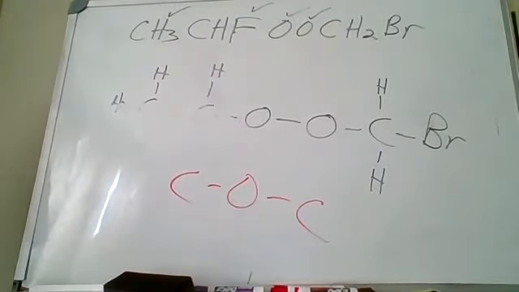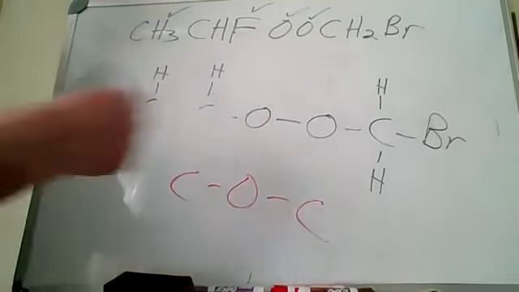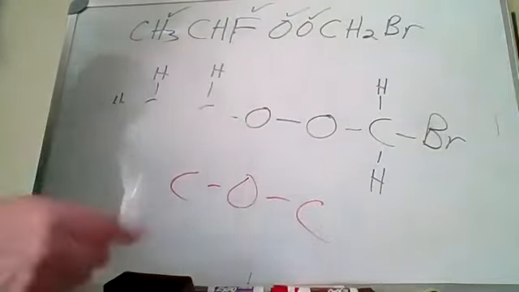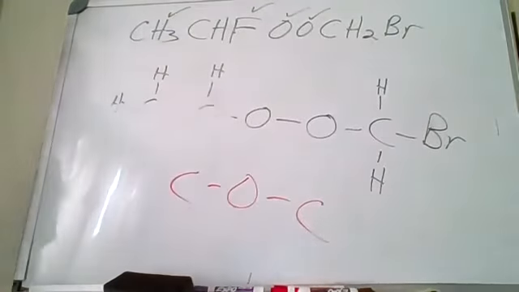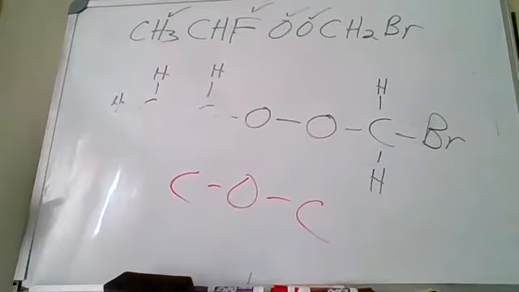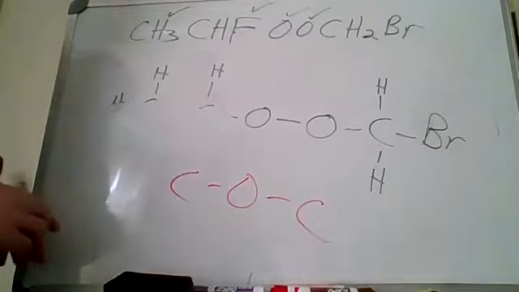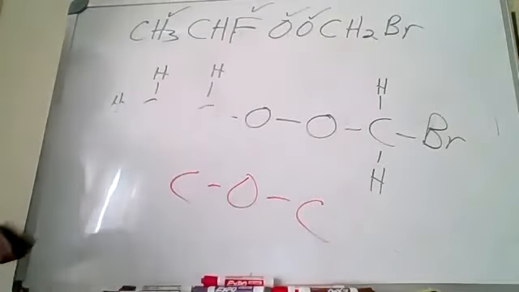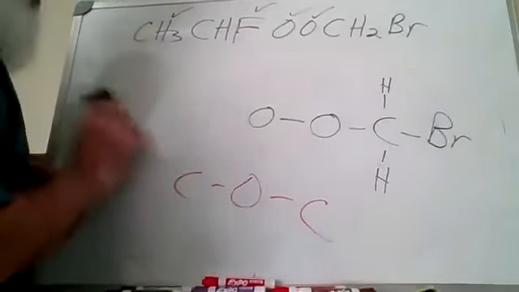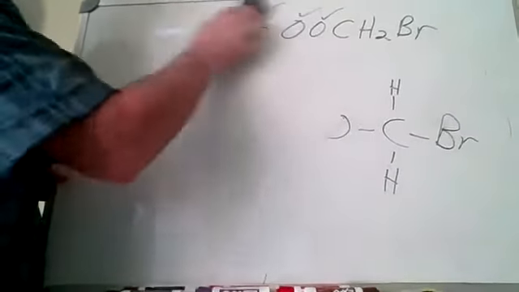So in those functional groups that I gave you, the open-ended bond is always, that next atom should be a carbon atom. I mentioned that earlier, but I know I didn't emphasize it.